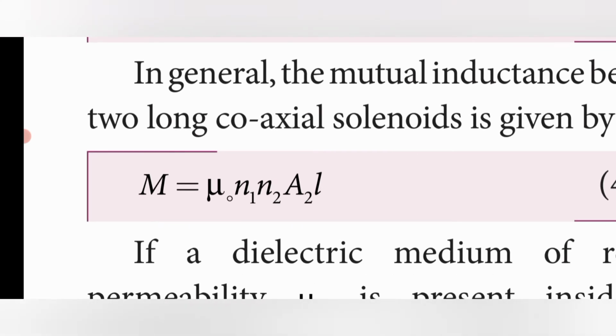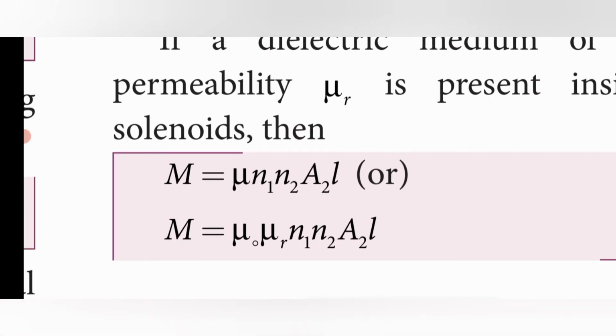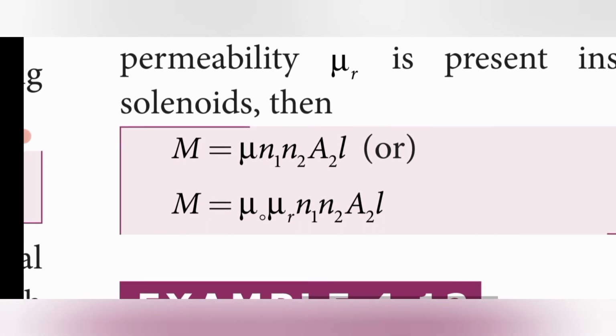So for a dielectric we have to change the mu naught, and it can be written as M is equal to mu N1 N2 A2 L here. Then mu, the permeability of the dielectric medium, is equal to mu naught mu r. Mu naught means permeability in free space.